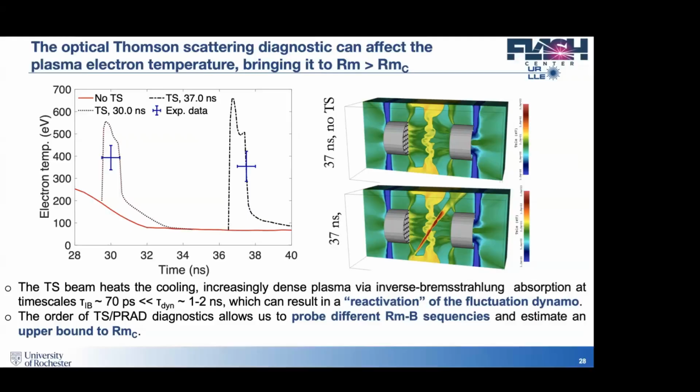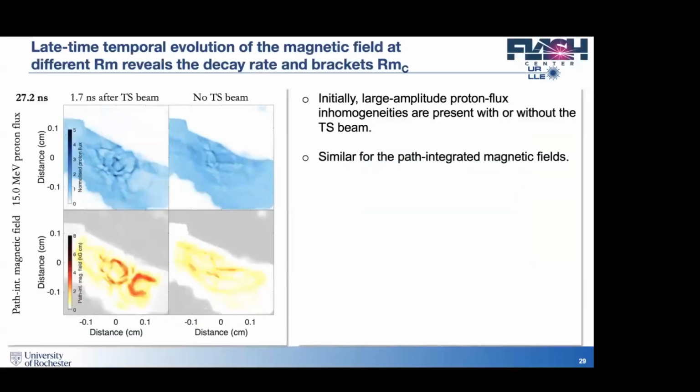So we have essentially two ways of looking at the upper bound and the lower bound of this critical magnetic Reynolds number by looking at when the dynamo switches off and when it turns back on when the Thomson scattering happens.